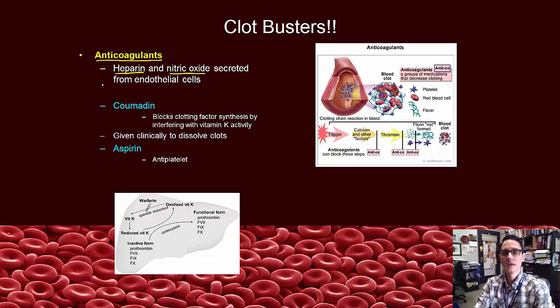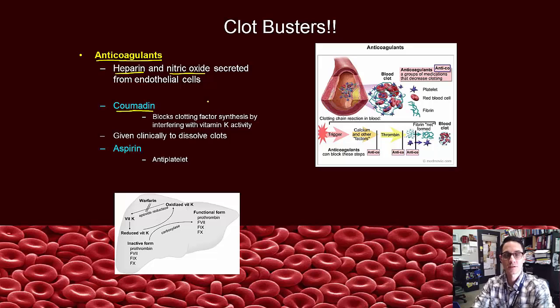They both work to prevent clots from abnormally forming. We can also clinically give some medications that will help to break up clots. Coumadin is a very common clot busting medication that will help to break up clots if in fact they do form.